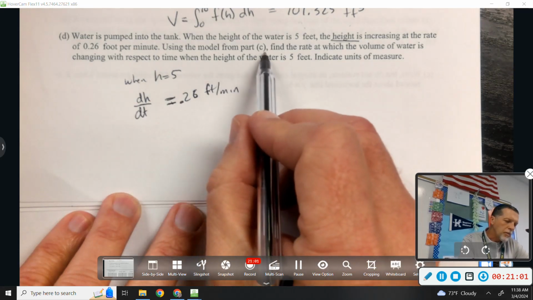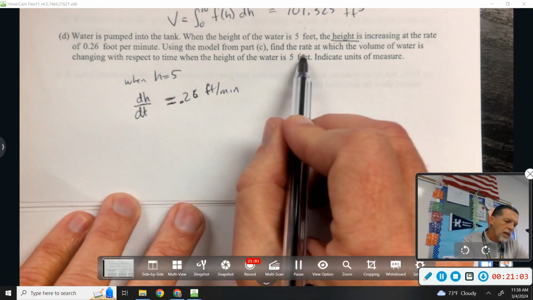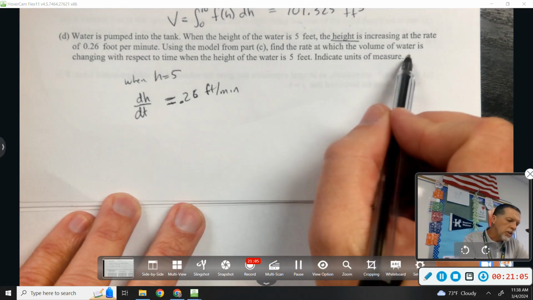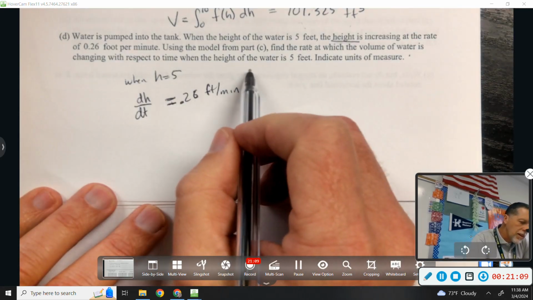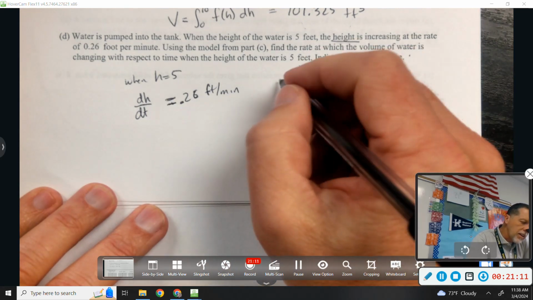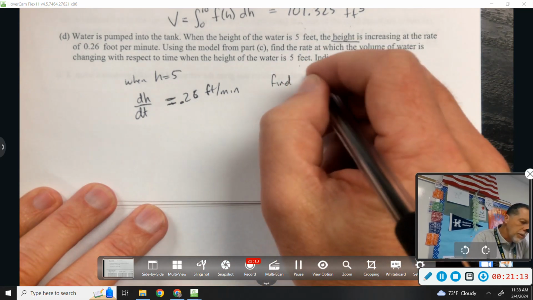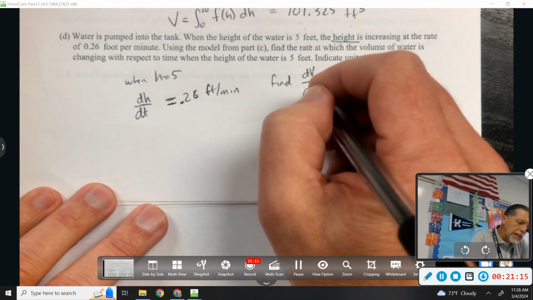Using the model from part C, find the rate at which the volume of the water is changing with respect to time when the water is 5 feet. So we want to find dV dt.